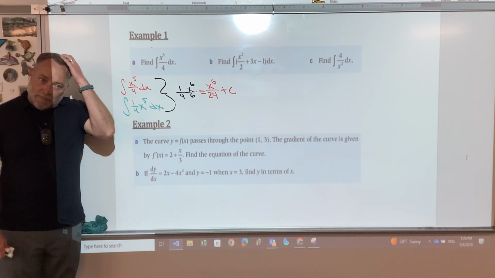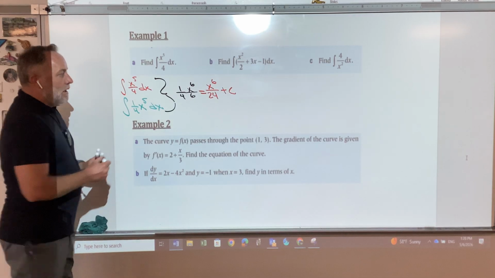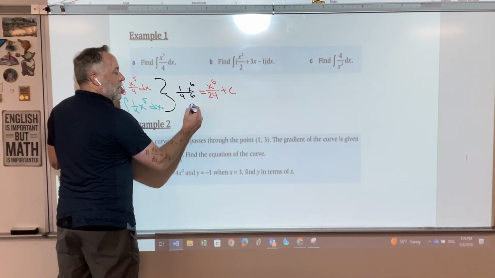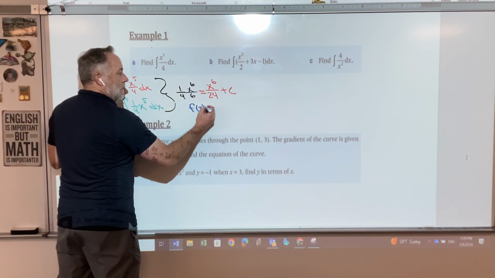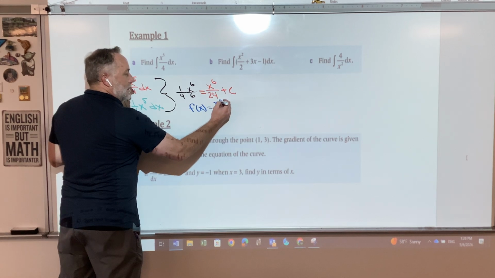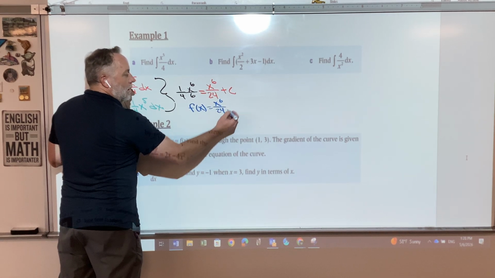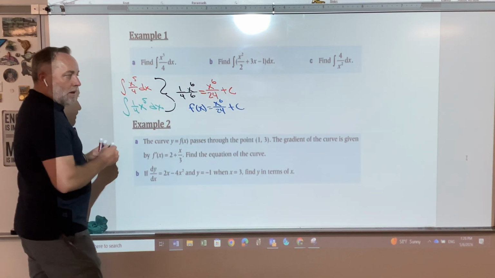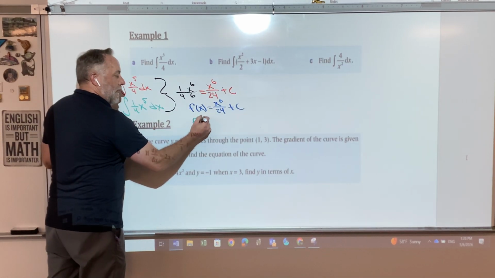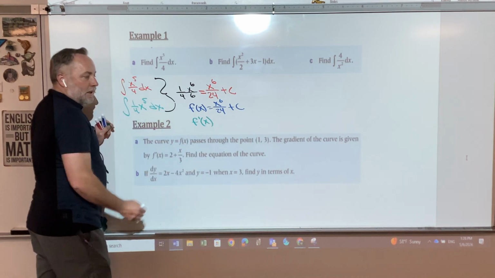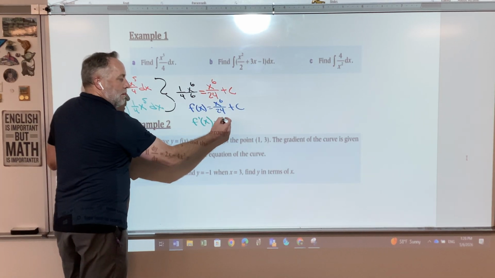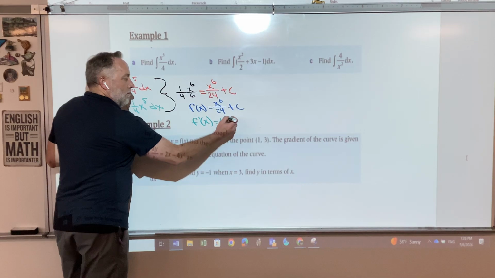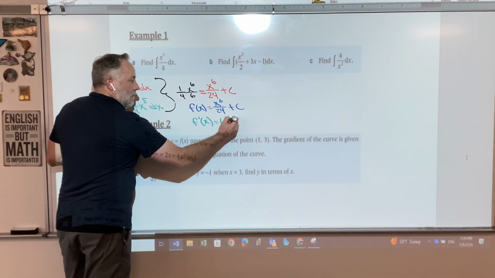Let me just show you that in reverse. Let's say f of x is x to the 6th over 24 plus some constant, which we don't know and we don't care about. Let's find its derivative. f prime would be, bring the 6 down in front, raise x to the what?